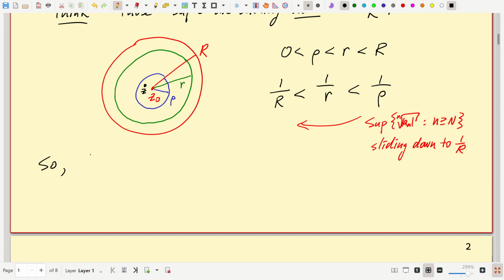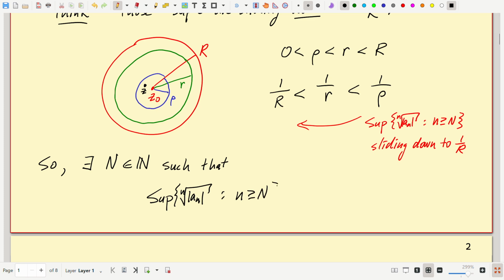So there exists an N, natural number, such that the sup of the nth root of mod a_n, such that n is bigger or equal to capital N, is less than 1 over r.